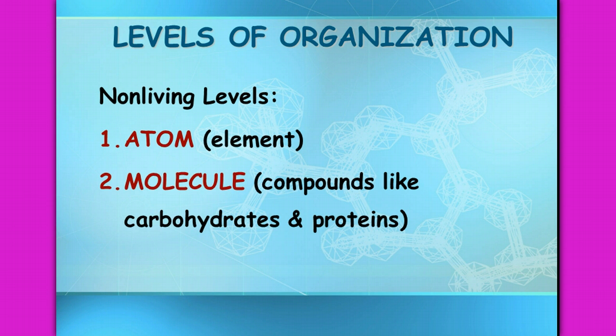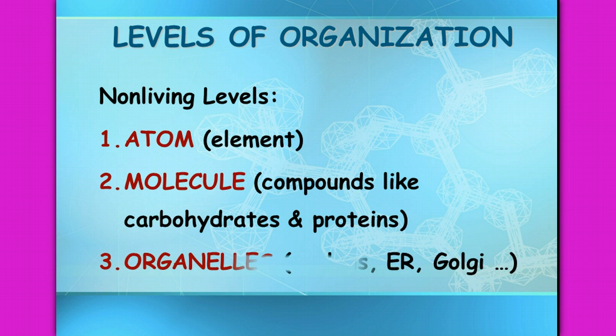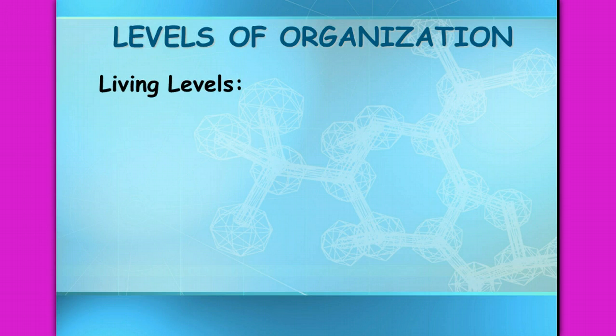A molecule, excuse me, are compounds like carbohydrates and proteins that involve multiple elements. Then the next level up would be organelles. Now, organelles are considered non-living because by themselves they can't demonstrate all of those different characteristics of life. So things like the nucleus, the endoplasmic reticulum, and the Golgi complex.